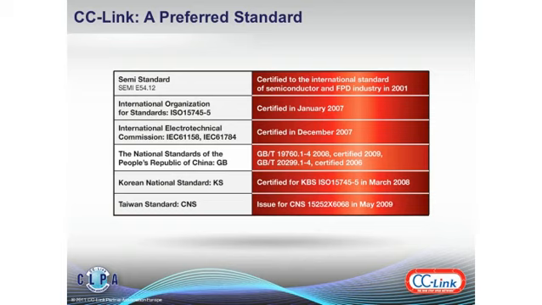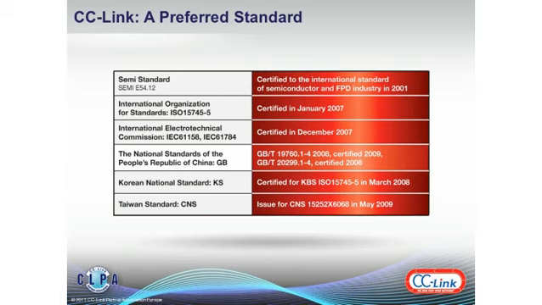The GBT standards are Chinese government standards which are intended to indicate that given technologies meet the Chinese government's requirements for various different industries. And what we see here is that CC-Link is actually certified to 2 different GBT standards in the Chinese market.